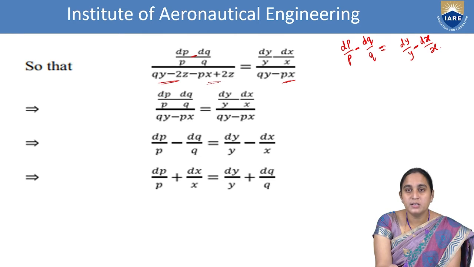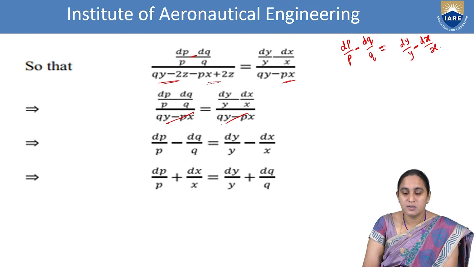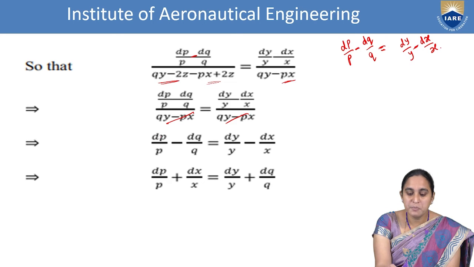Therefore, dp by p minus dq by q divided by qy minus px is equal to dy by y minus dx by x divided by qy minus px. Once you see both sides have the same denominators, I cancel the two, that is, qy minus px is cancelled on both sides. Therefore, the remaining part is dp by p minus dq by q equal to dy by y minus dx by x.